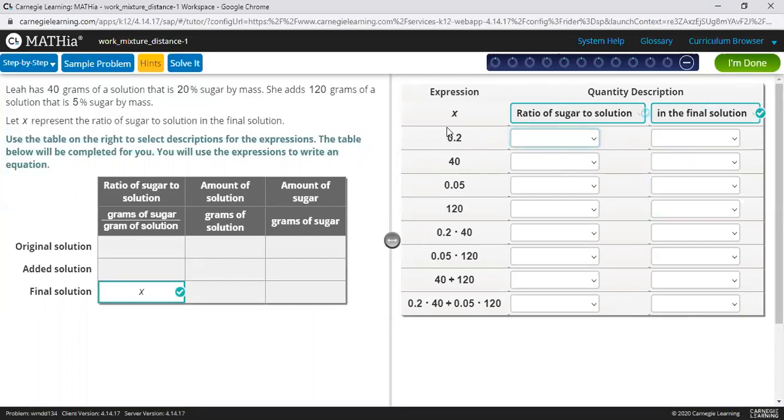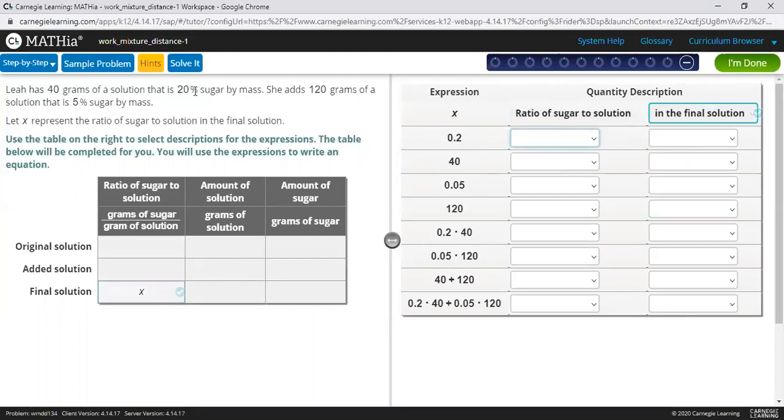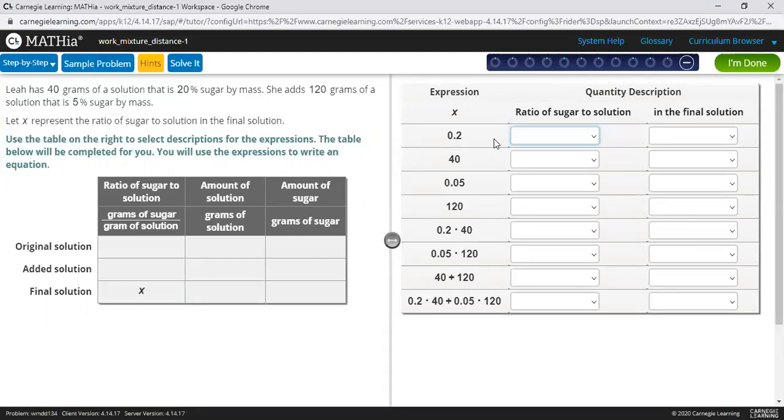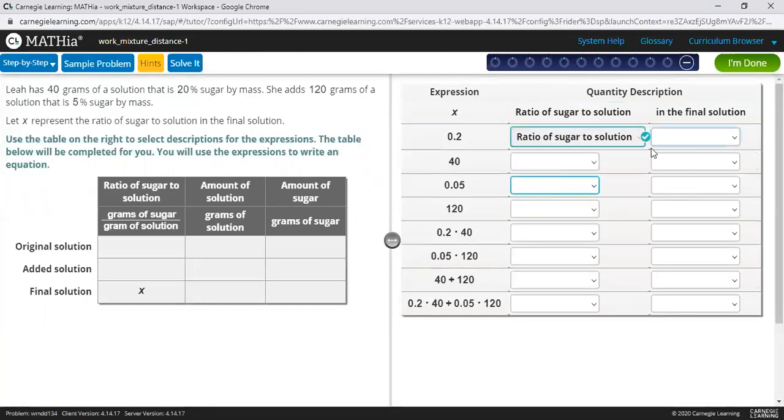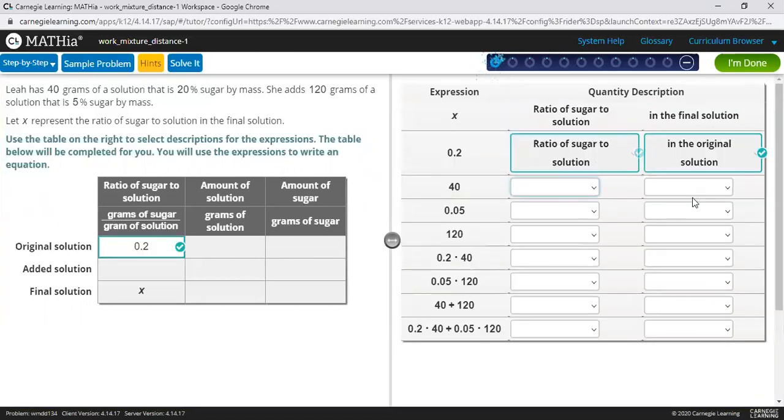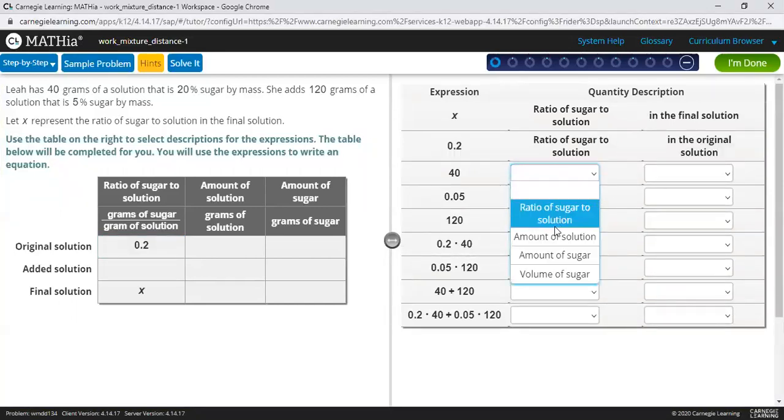Next we have 0.2. That's our 20% as a decimal, and that 20% is the ratio of sugar to solution in our original solution. And the 40 grams is the amount of the original solution I have.